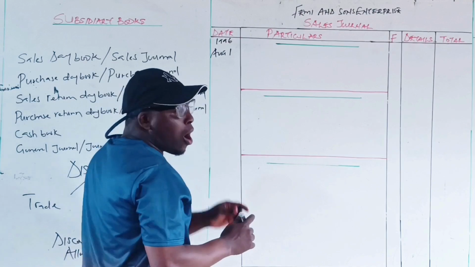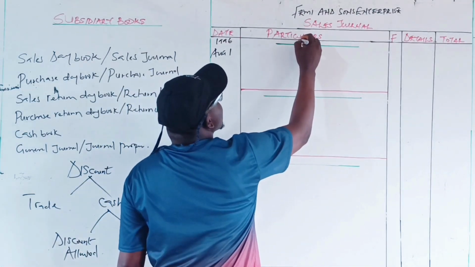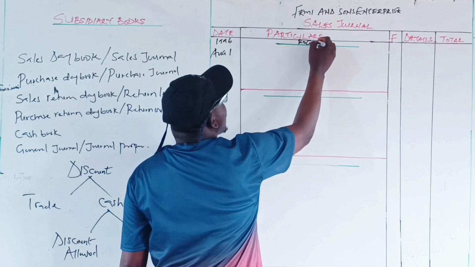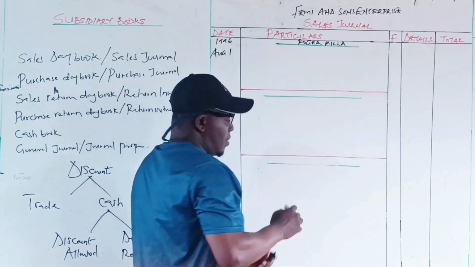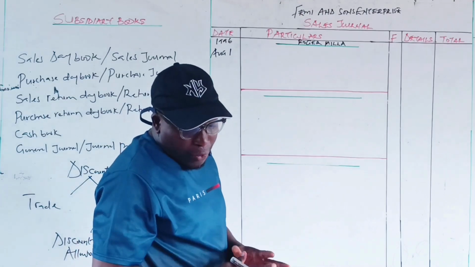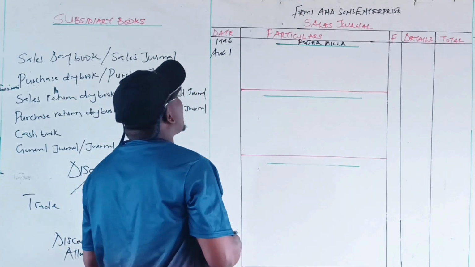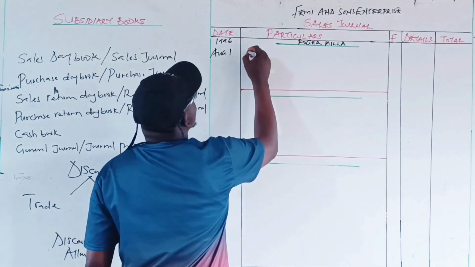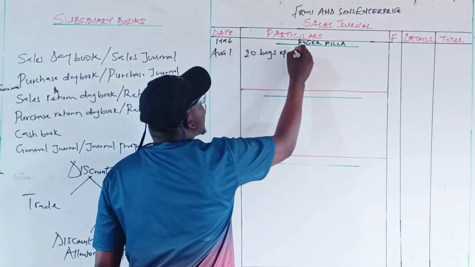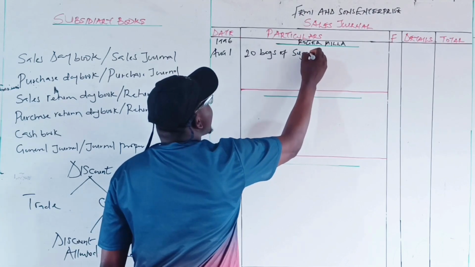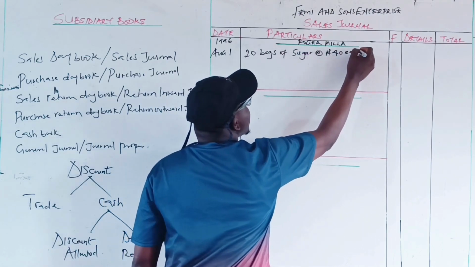1996. So for August 1, Rojamila was our customer, Roger Miller. So for Roger Miller, that sold 20 bags of sugar at 14 naira each.